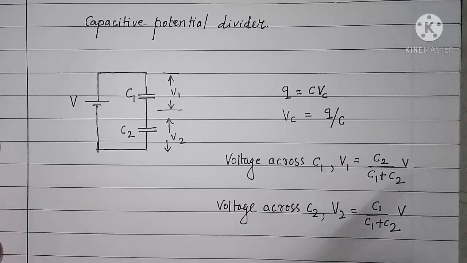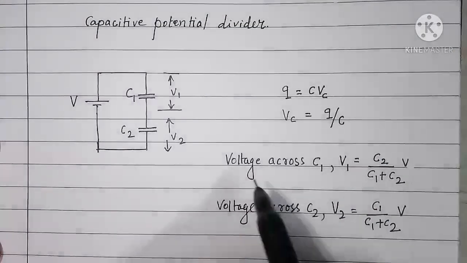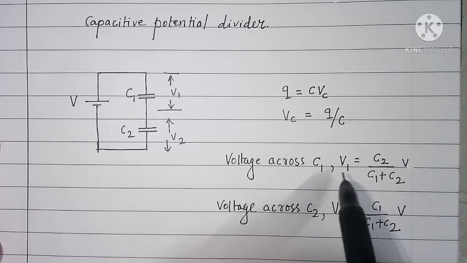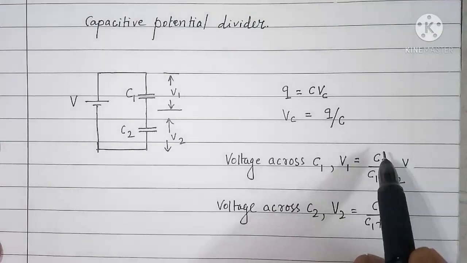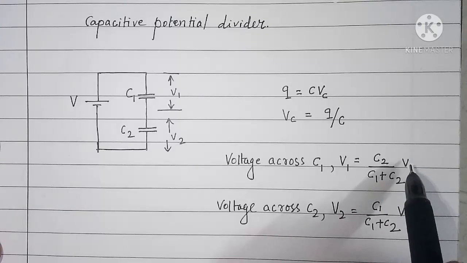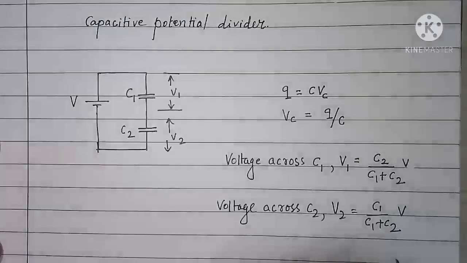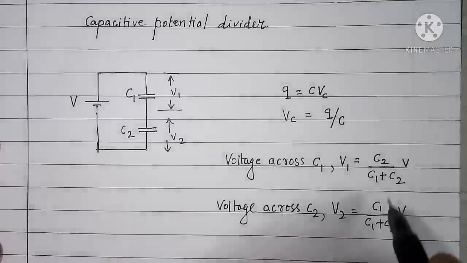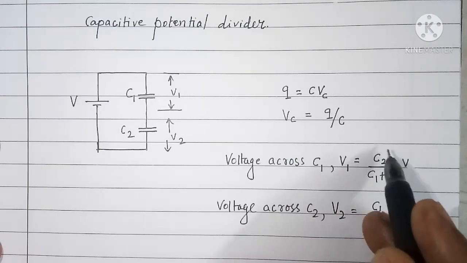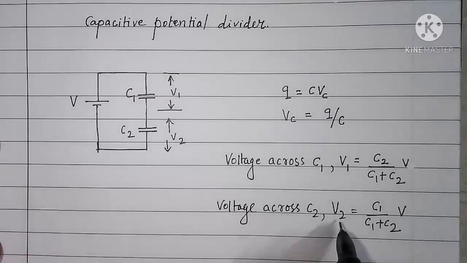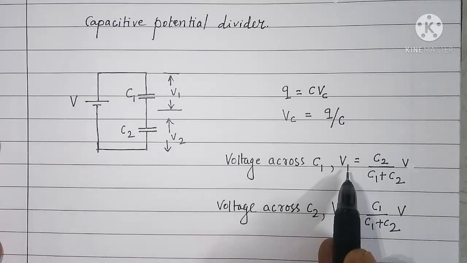Unlike in the case of the resistive potential divider, here we can write voltage across capacitor C1, that is V1, equal to C2 divided by C1 plus C2 into supply voltage V, and voltage across capacitor C2, that is V2, equal to C1 divided by C1 plus C2 into V. By keeping the value of capacitor C1 smaller than the capacitance of capacitor C2, we can have voltage V2 lesser than voltage V1.